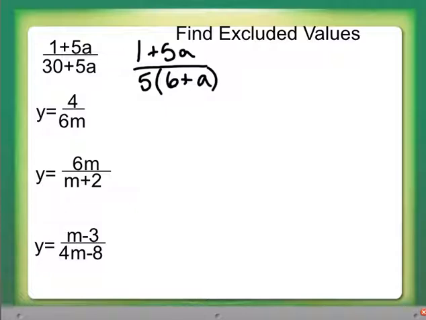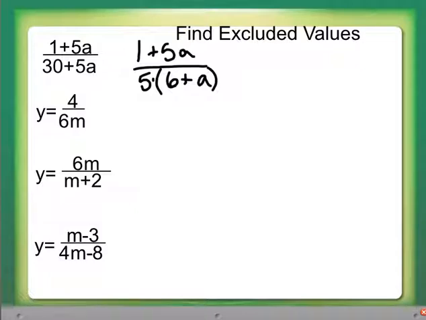Now, because 5 is a factor in the denominator, but not a factor in the numerator, it's actually been added to 1 after being multiplied to a, we cannot simplify those, just like we can't simplify the a's in here. So we actually just have to go ahead and find the excluded value for the denominator.